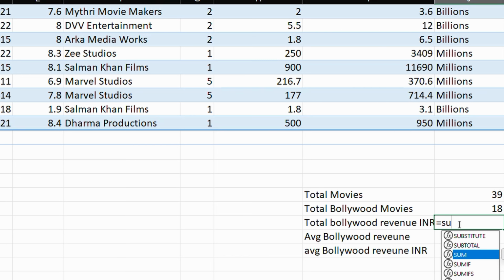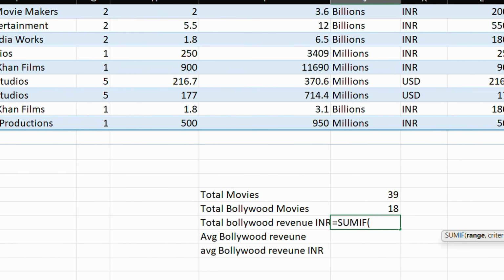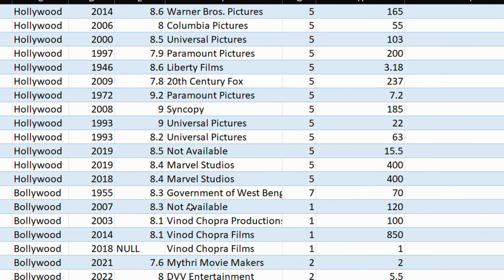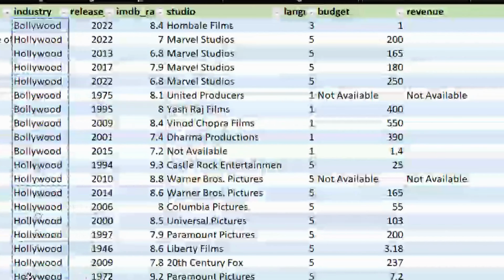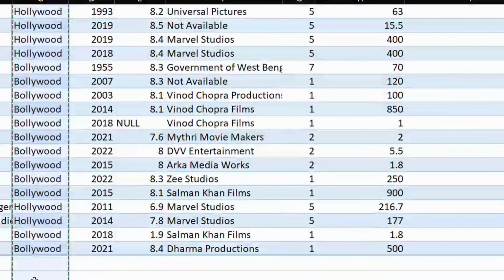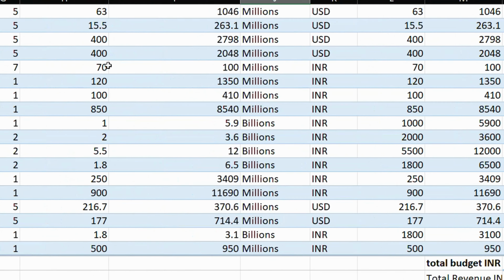You have to use sumif, sumif industry, right, the industries, equals to Bollywood.